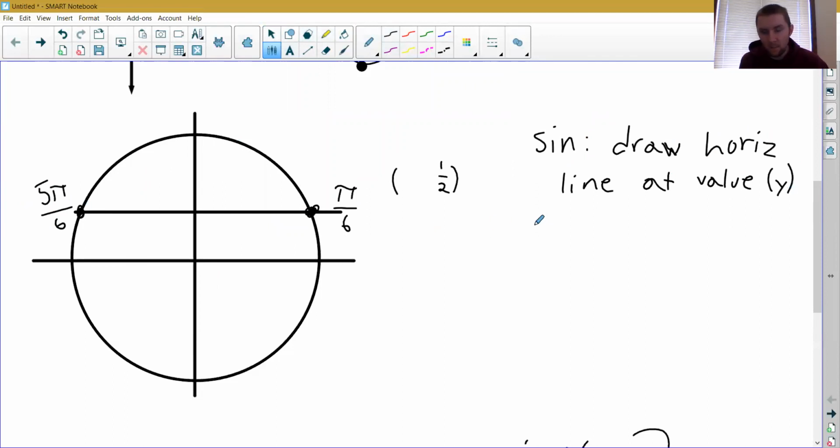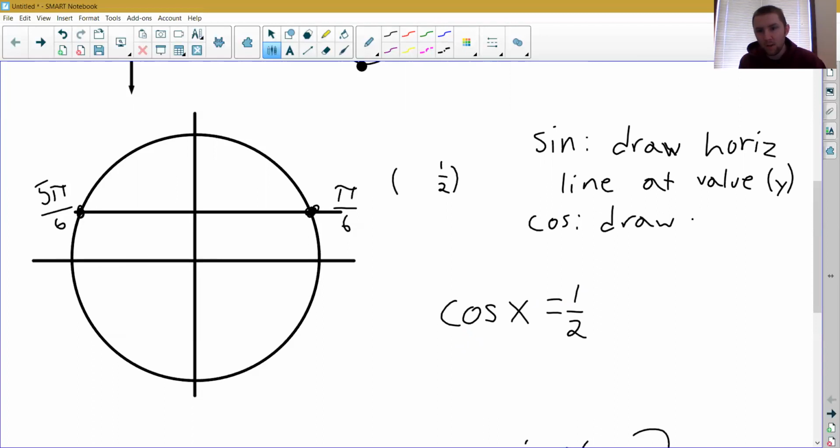And then similarly, you guys, we could have equations. Let's say, for example, we had the equation cosine of x, cos x, is equal to 1/2. Okay, for cosine, on our unit circle, we do basically the same thing.